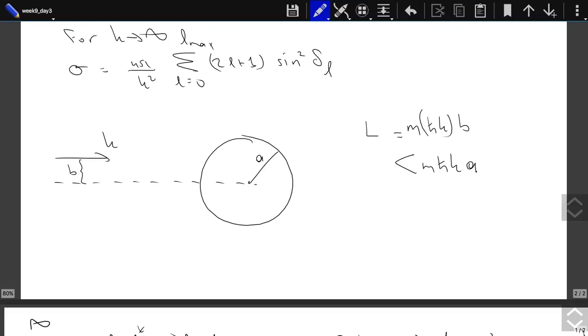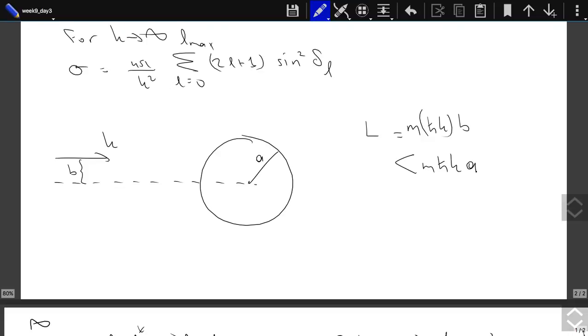Because if the angular momentum is too big, it just means, at least in the classical picture, that the particle is going far away from the obstacle for a given energy. If the angular momentum is large, my particle is moving very far away from my obstacle, so it doesn't scatter, it doesn't hit it.